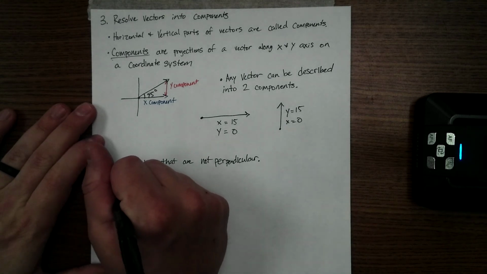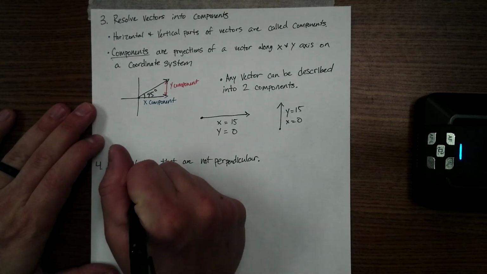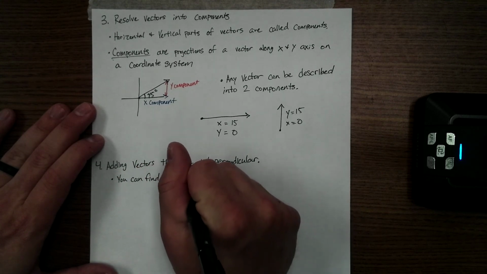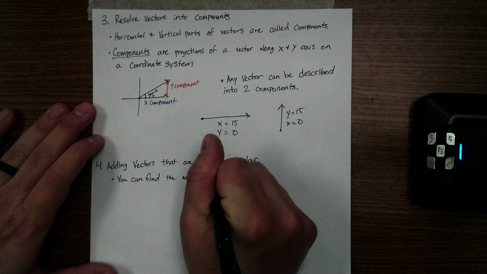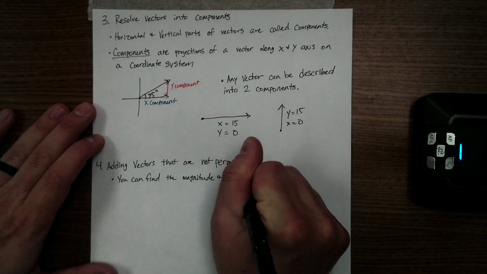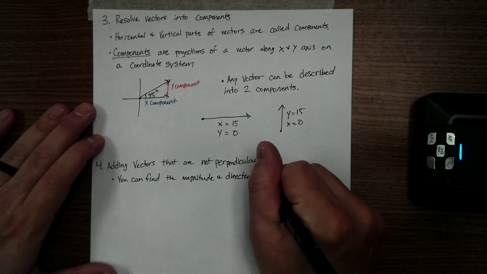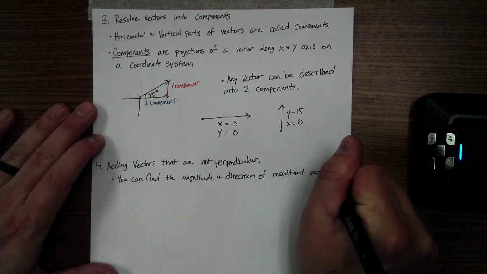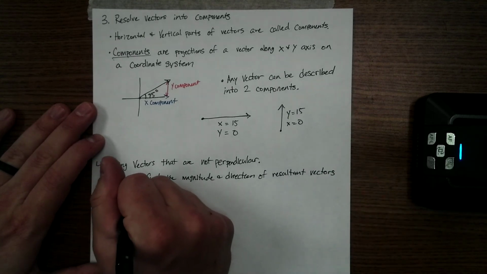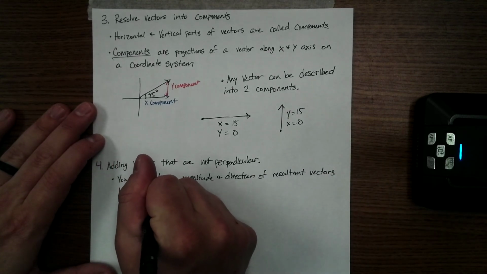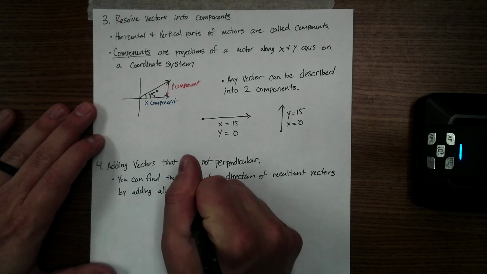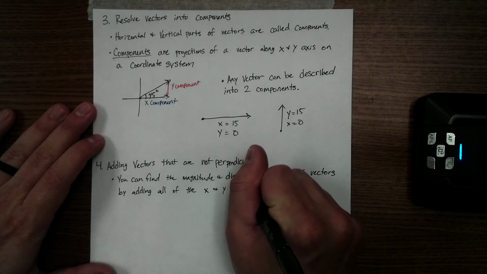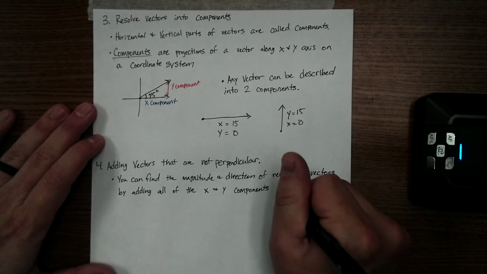All right, so you can find the magnitude and direction of resultant vectors, okay, by adding all of the X and Y components together.